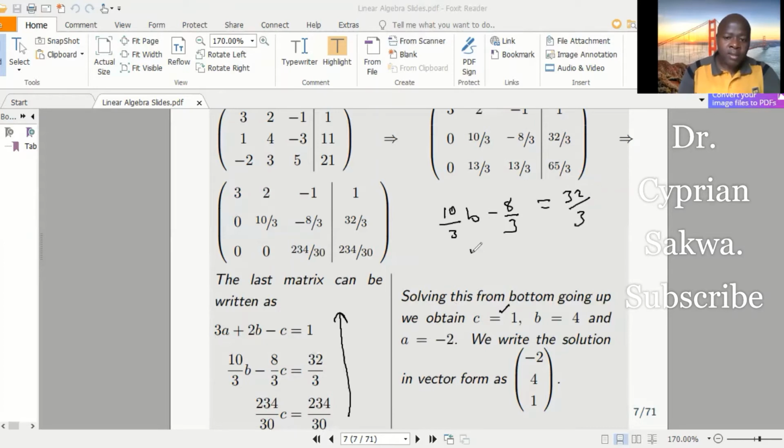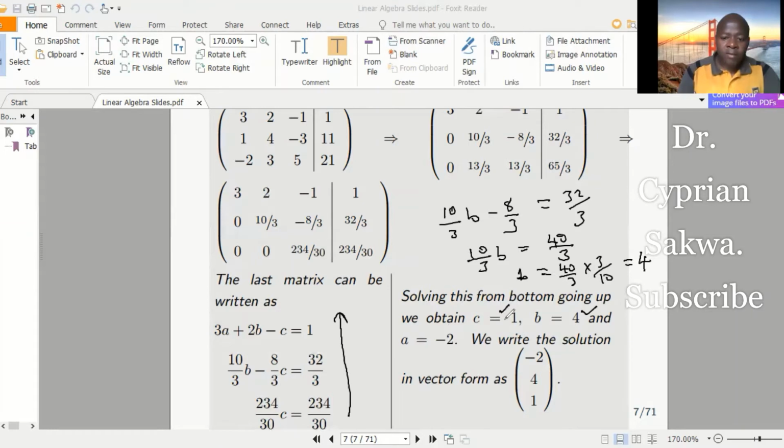In other words, 10 over 3B equals 40 over 3. Then multiply both sides by 3 over 10. That gives me B equals 40 over 3 times 3 over 10, and that means B will be 4.